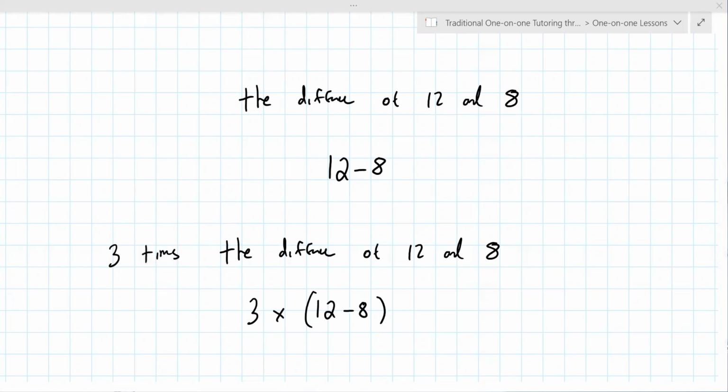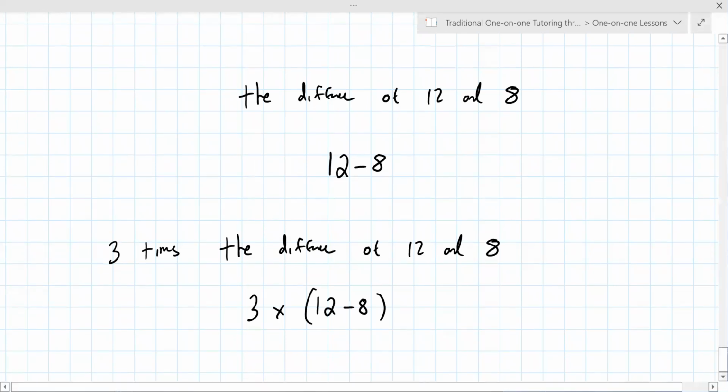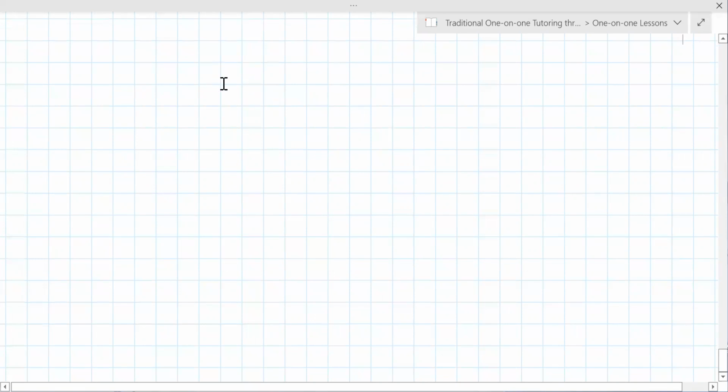All right, so good. Let's look at one here. Let's say I asked you to write this one. Let me snip it in here. The quotient of 14 and 2.